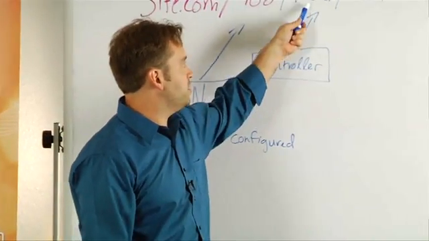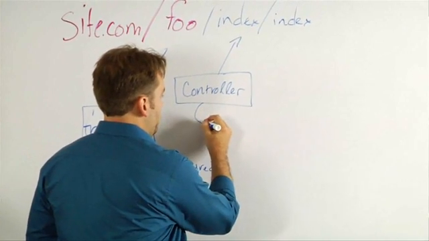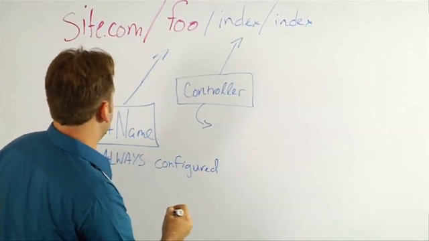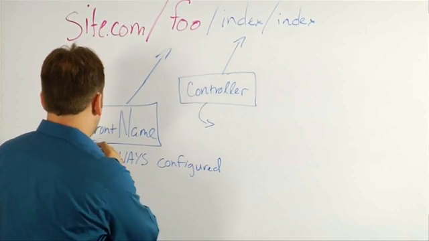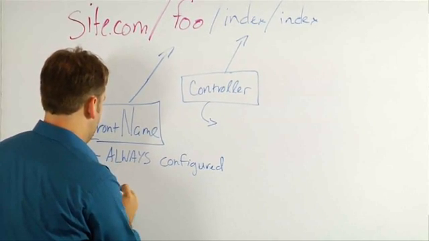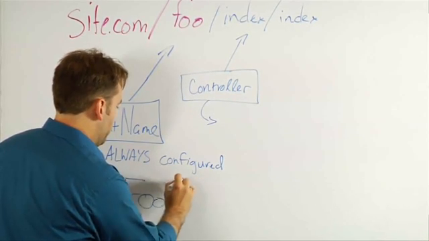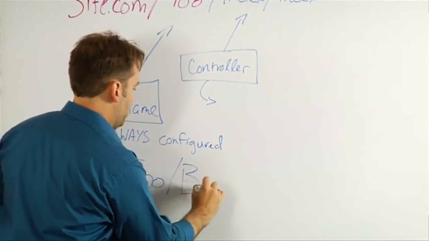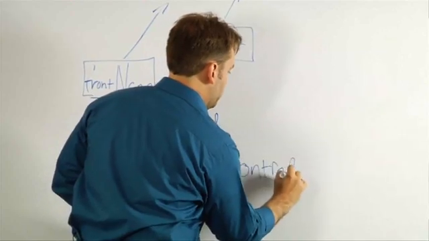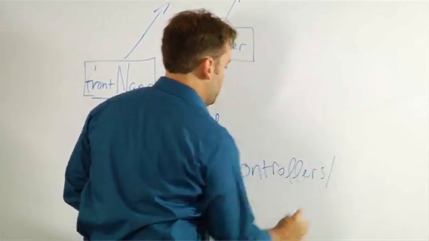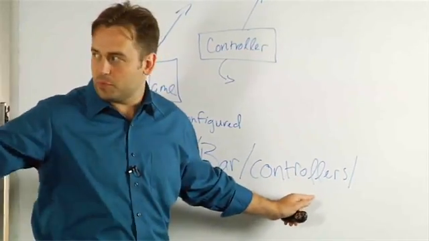And then in this case, my front name is going to tell me foo, bar, and then controllers. And it's the application that does this. We don't specify this in here.